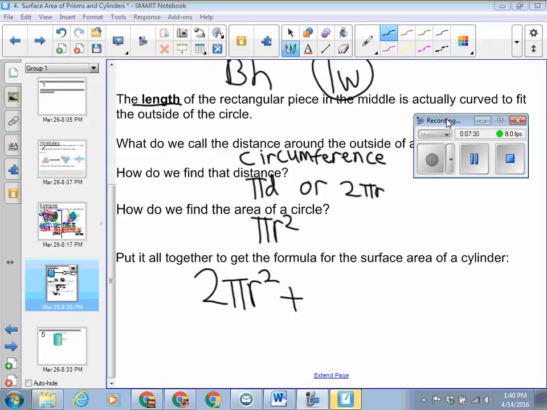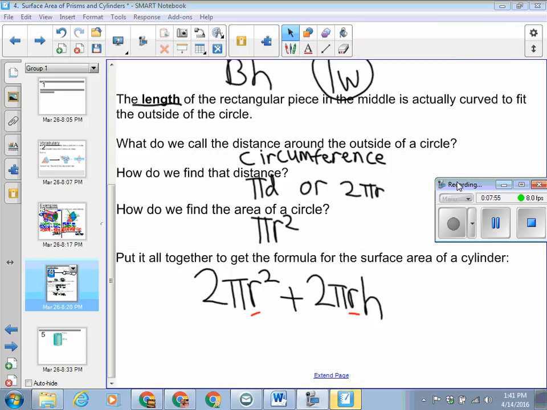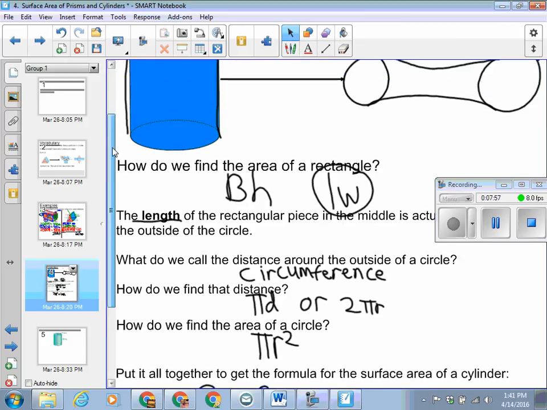Now, we need to account for the height of the cylinder, so that's pretty important, as well as that circumference that we need to find. Since we have radius in the first part of the formula, I'm going to keep radius right here. So we're taking the circumference times the height. That's what's happening here.